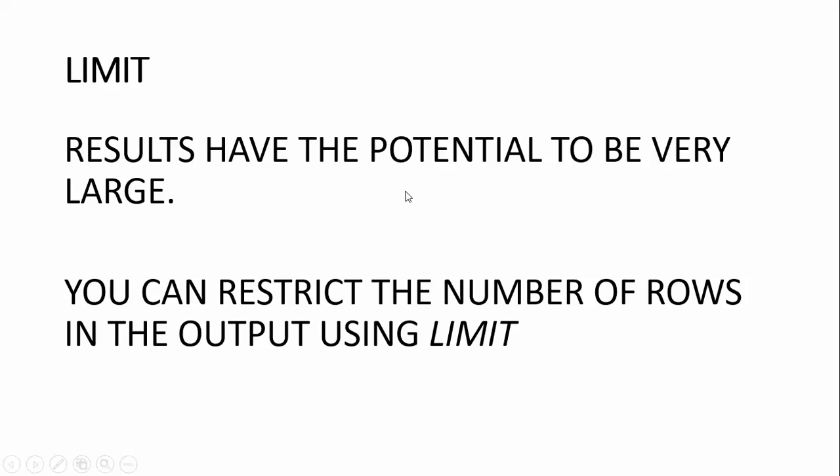And in any real database situation, you will have lots and lots of records. And sometimes you just don't need them all. So if you want to limit the amount of data coming back from the server, you can use the word limit. So you can say something like select the name and cost of everything in the products table, limit 10. So that would give me the first 10 things in the product table.